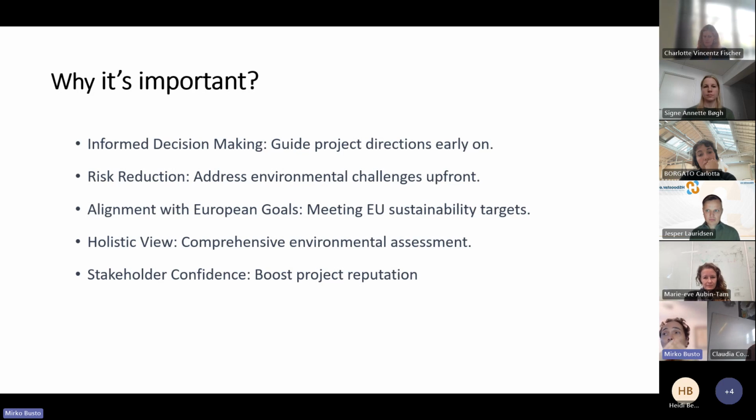And this can ensure that innovations don't inadvertently shift environmental impacts from one phase to another. Burden shifting, this is normally called. So the fact that we are not solving problems, but we are just moving them along the value chain. And then also we can increase project reputation.